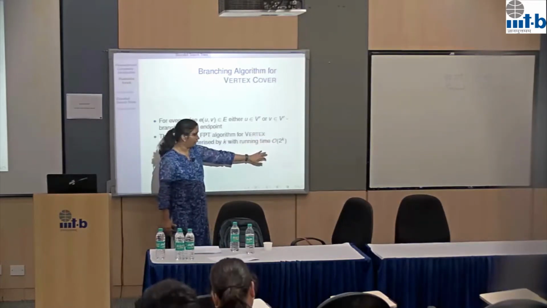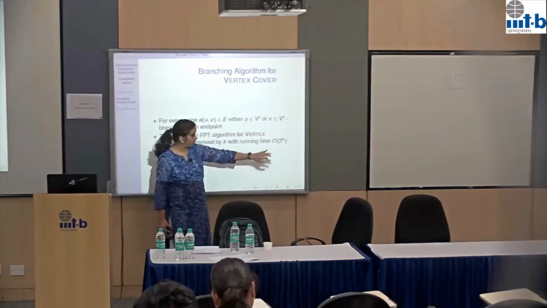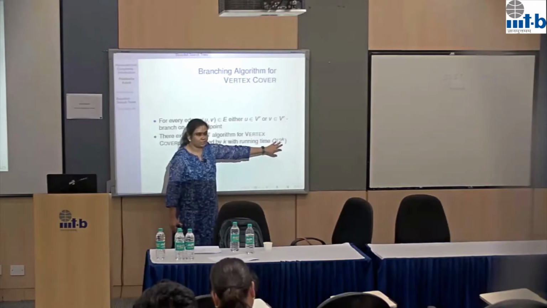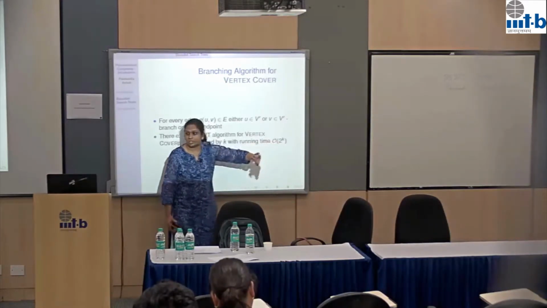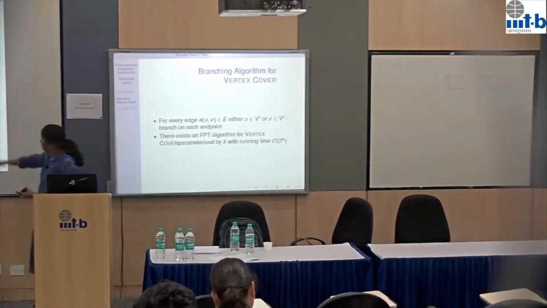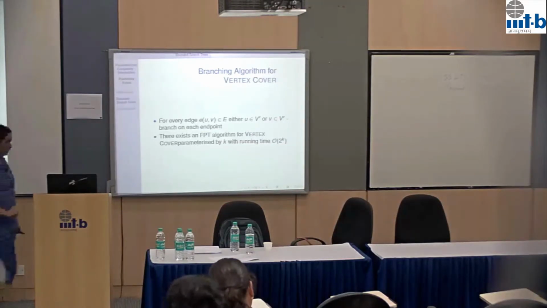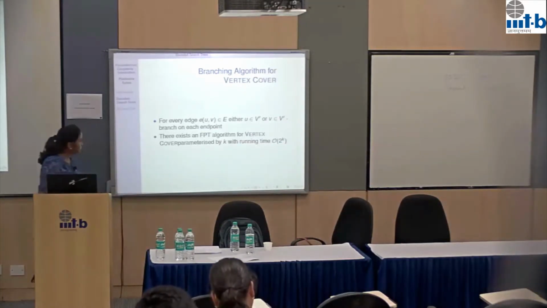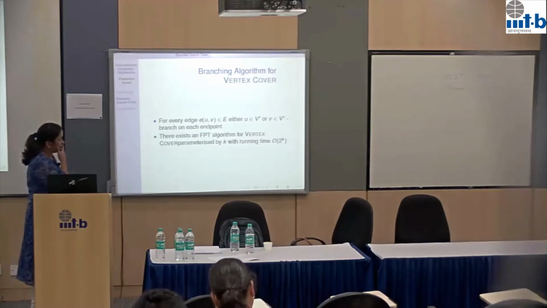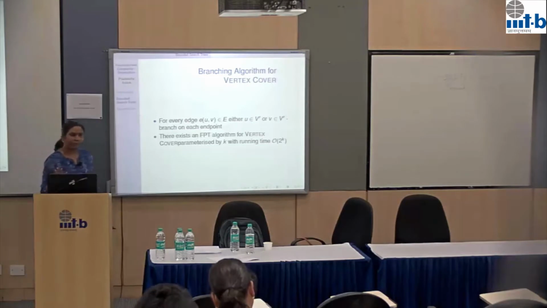But right now, for the purpose of this talk, we are interested in optimizing this, and therefore I am using this notation, calligraphic O. This contains some polynomial in n factors also, but I'm not concerned about it.